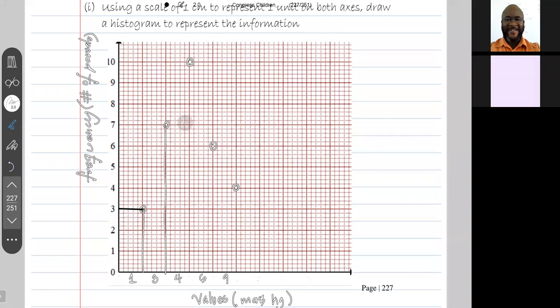The second bar, the height is 7. The next bar, the height is 10, and we're drawing our histogram.